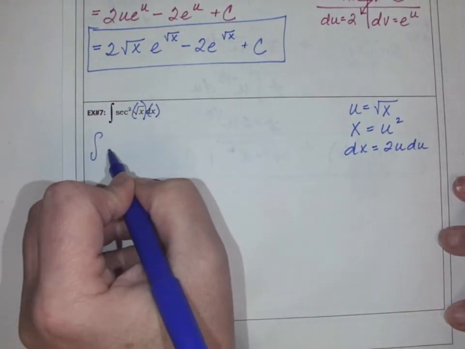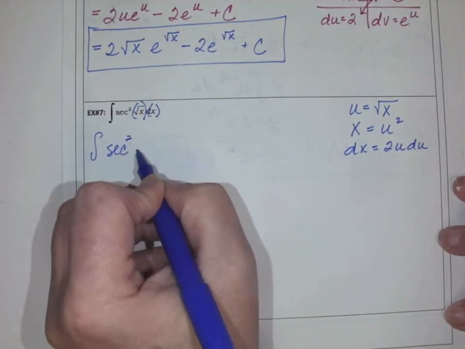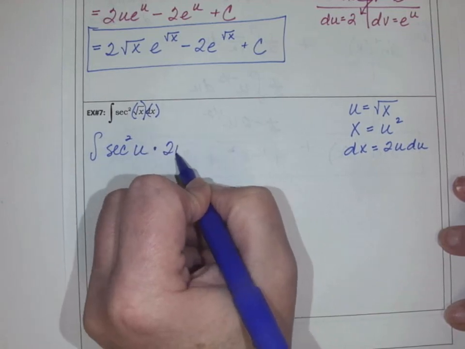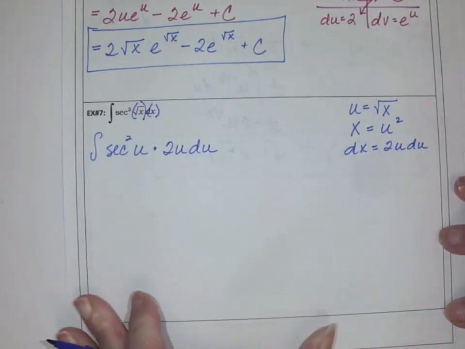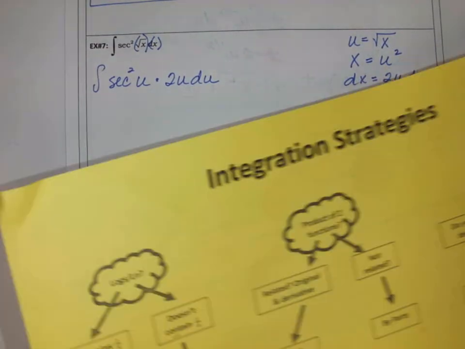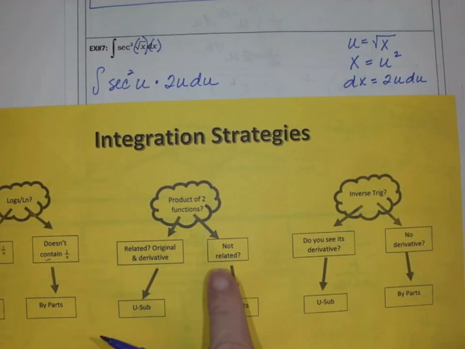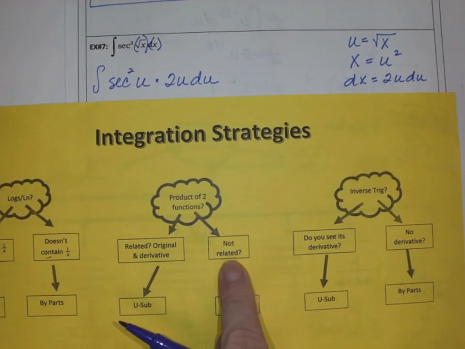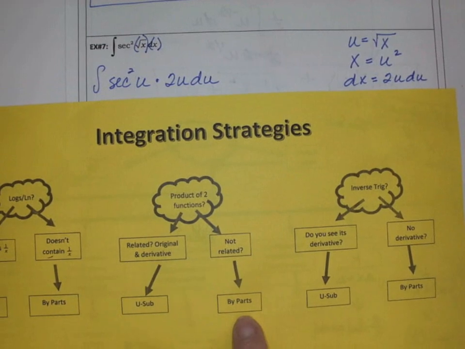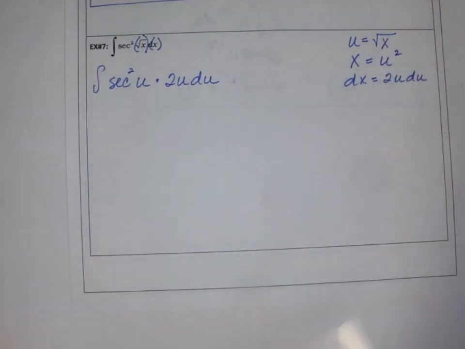So that gives me the integral of secant squared of u times 2u du. Again, two functions being multiplied together, and they are not related. So if they're not related, we're going to use integration by parts.